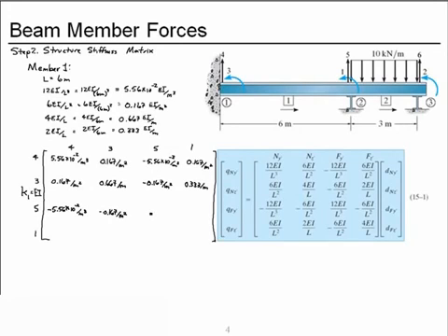then minus 6 EI over L squared, then 12 EI over L cubed, and minus 6 EI over L squared.